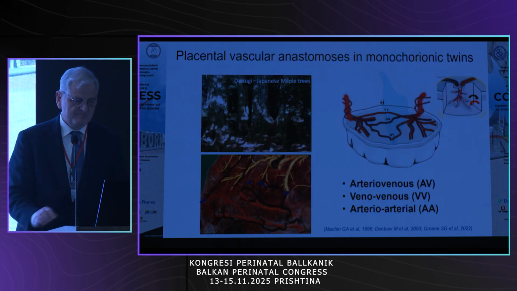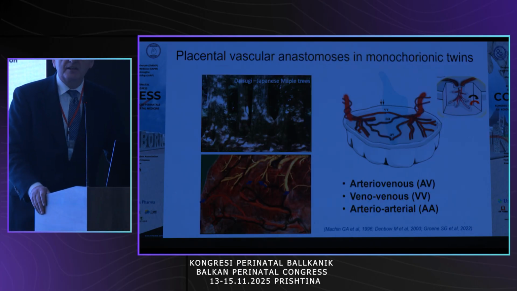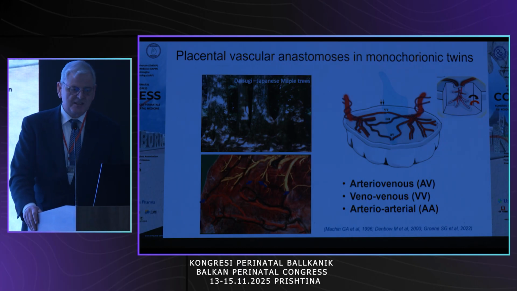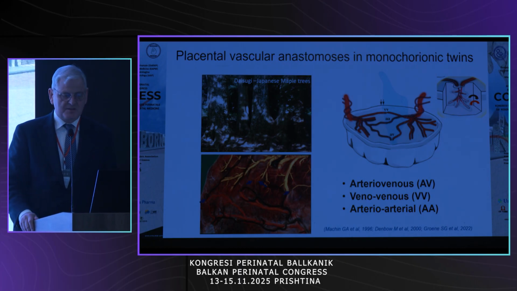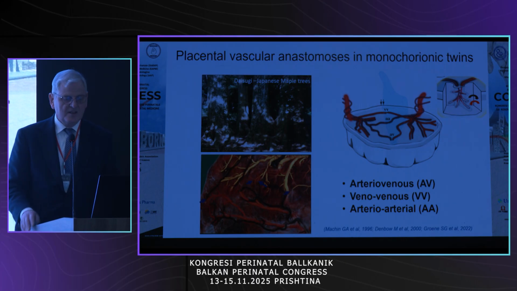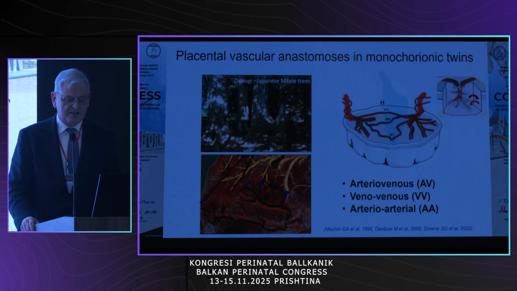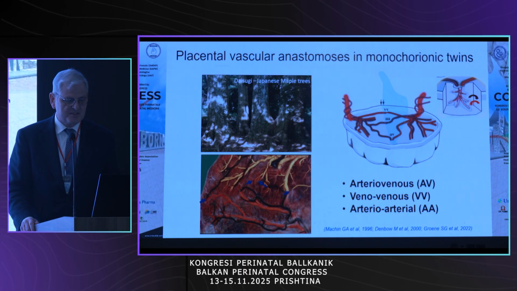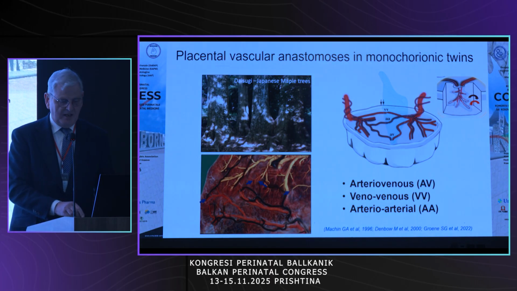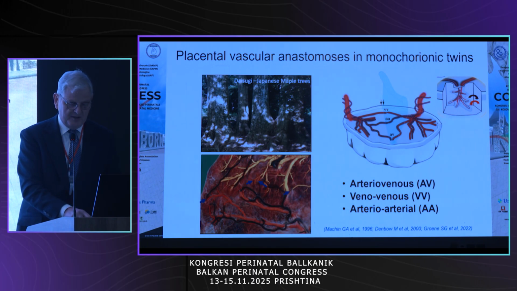And in monochorionic twins, these risks are associated with placental vascular anastomoses. There being three kinds: arterial venous, which are usually unidirectional flow, venous venous, and arterial arterial, all of which are associated with bilateral flow between the babies. And much of this work has been elucidated by placental injection studies performed in the postnatal period.